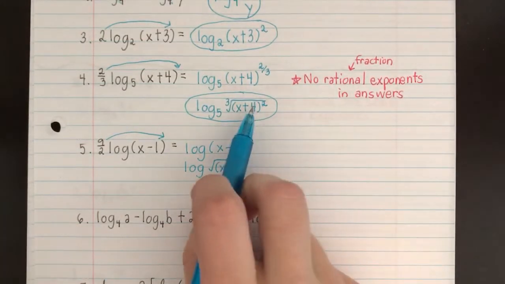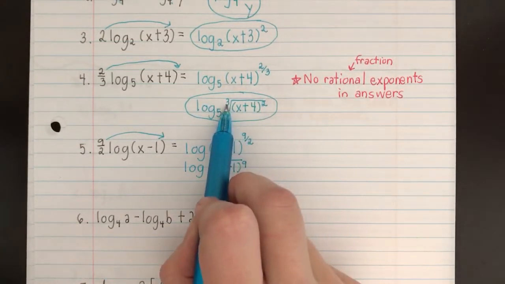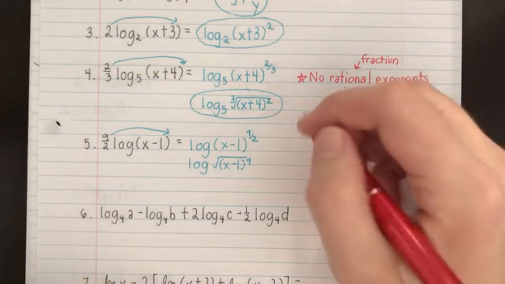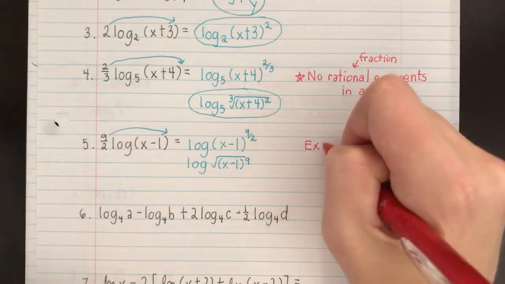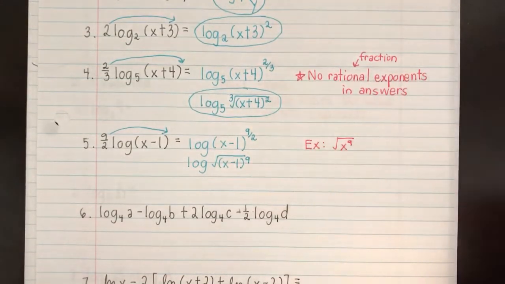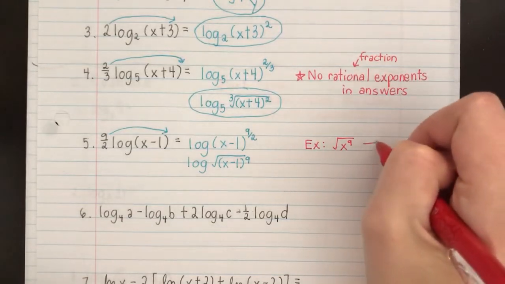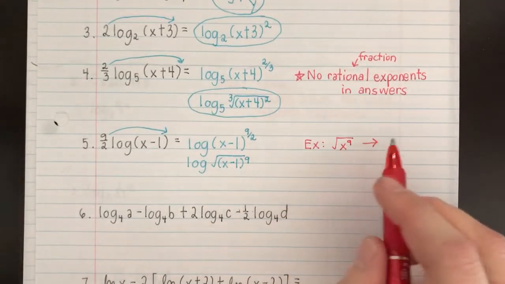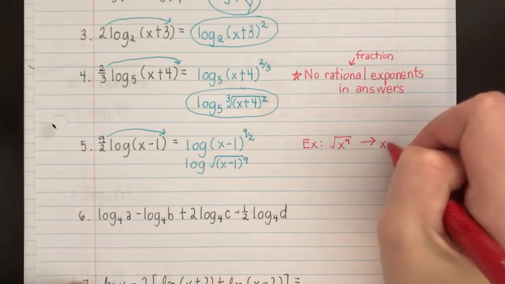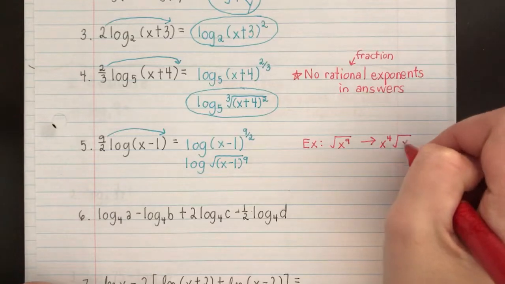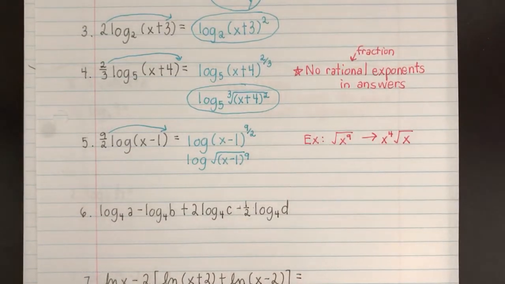Now this one's different from this. Notice here my index was larger than my power here. But I want you to think about for a minute, for example, if you have something like square root of x to the 9th. In this case, since you have x times x times x times x 9 times, you can take out x to the 4th, and that would leave a single x inside.